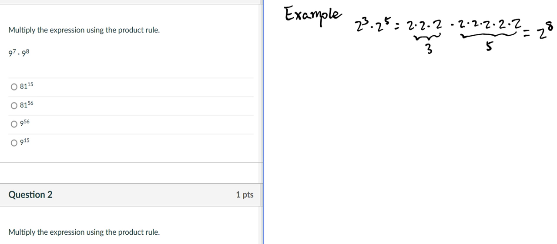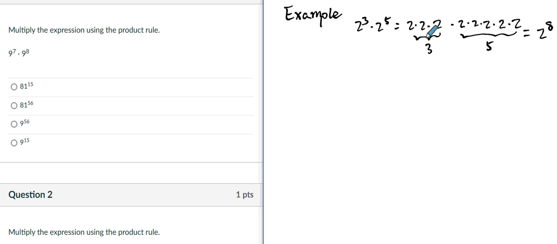Now, let's work on the question here. Multiply the expression using the product rule. Before we do this question, recall what's the meaning for 2 cubed times 2 to the 5th. 2 cubed stands for 2 times 2 times 2, 3 times. 2 to the 5th means 2 times 2 times 2 times 2 times 2, 5 times.